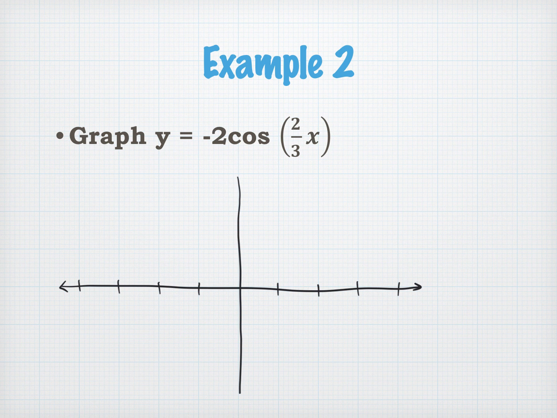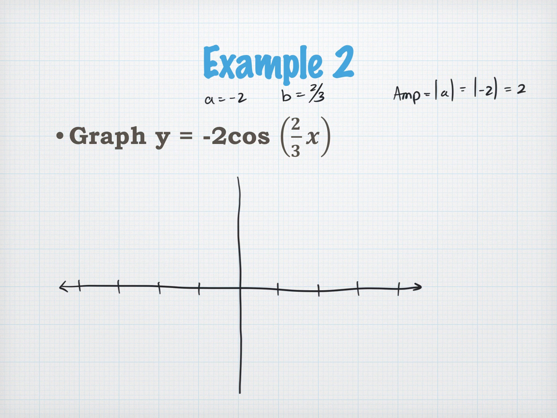I know that my A value is -2 and my B value is 2/3. And so I know that my amplitude is the absolute value of A, which means the absolute value of -2, which is 2.